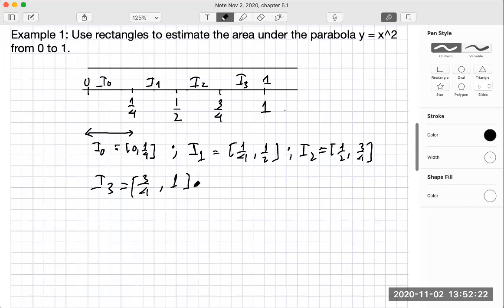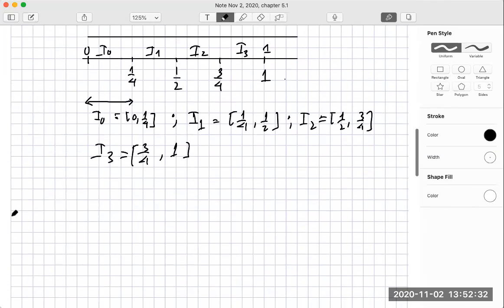So if we approximate this area, then we call the areas of these approximation rectangles.